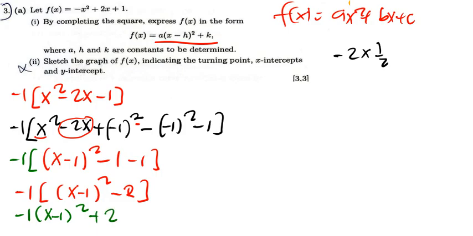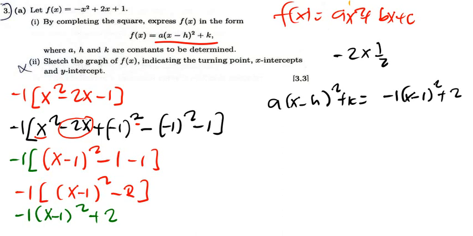So I can clearly see that this thing which I've been asked to find, a x minus h squared plus k, is basically equal to negative 1 x minus 1 squared plus 2. So a is negative 1, h is 1, then k is 2. As simple as that. So I've expressed this in the form of that.